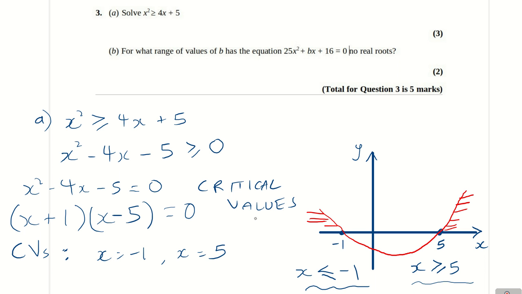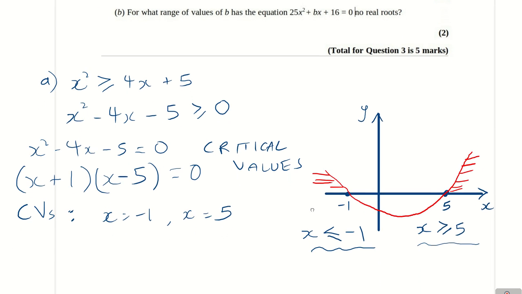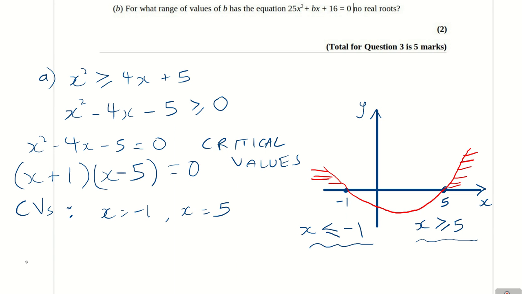Now, part B, it gives us an equation, 25x squared plus, it doesn't give us a number, it calls it b, x plus 16 equals 0.